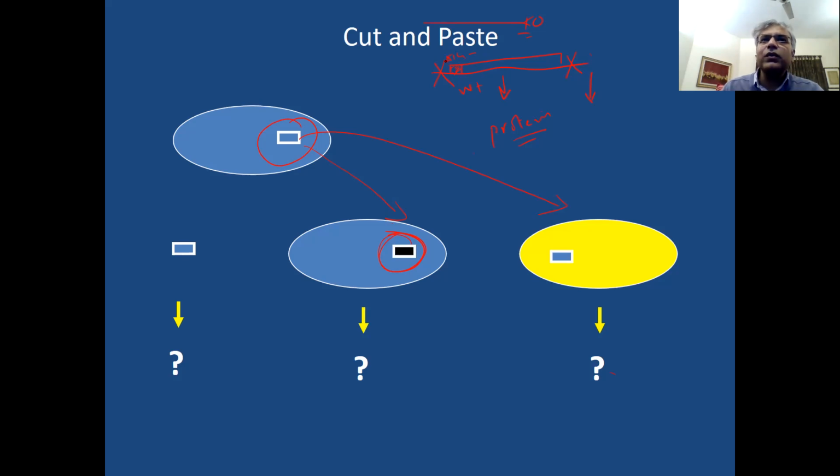It is not necessary you remove everything from here to here. Once you remove from here to here, this is the safest.